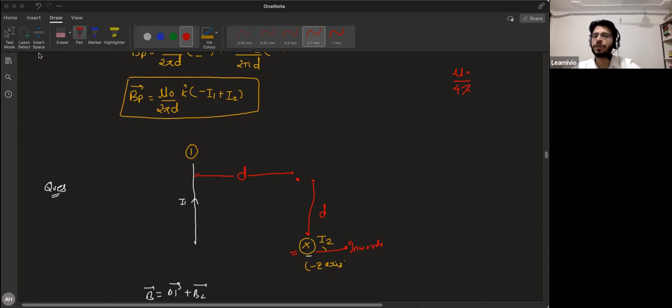Hishma, just check whether both the magnetic fields are along k cap. Is both the magnetic fields along k cap? I don't think both the magnetic fields should be along k cap.